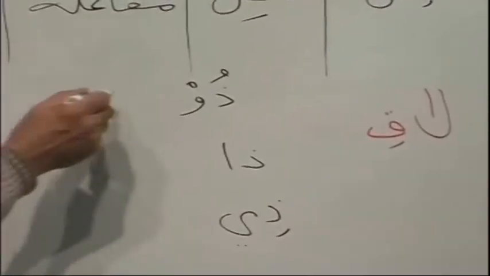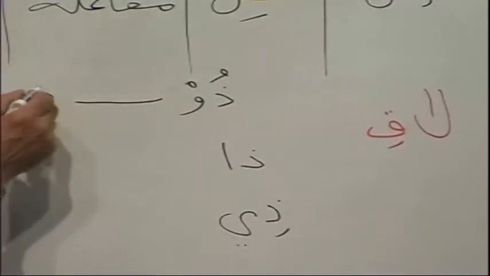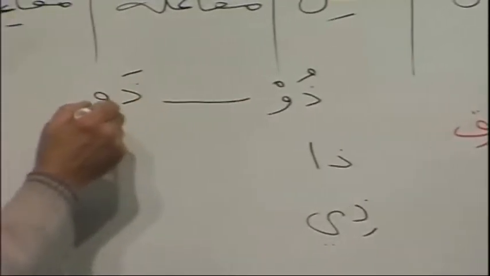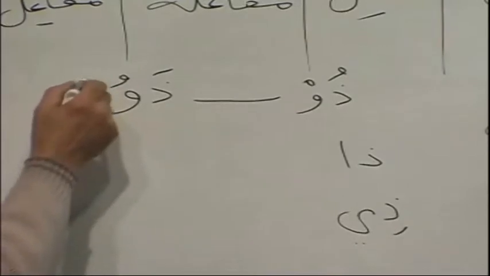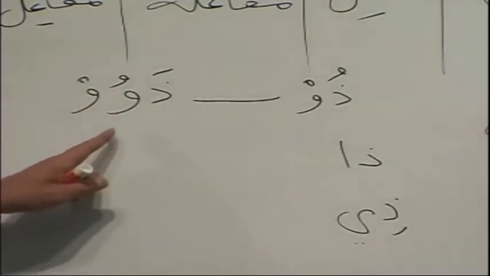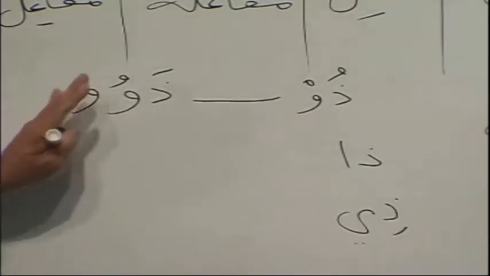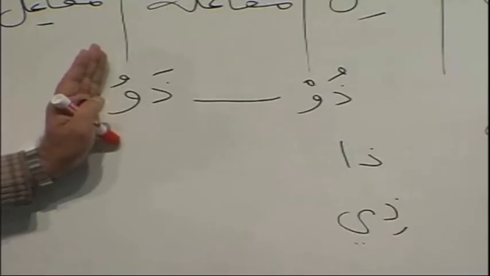Now, Zu has a plural. What is that? Za, Wu, Wu. I'm afraid that last time I may have only written like this. I'm not too sure. Okay? But you know this is the correct. Zavu. This is on the pattern of Jama Muzakkar Salim. Are you with me?